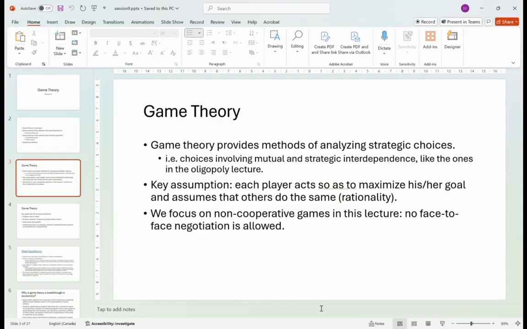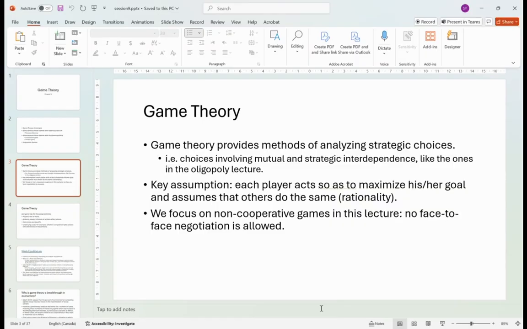So the point is that it's true that in game theory every player's decision depends on the other player's decision, but we still assume that each player is deciding to maximize their goal, right? And this goal, in the context of firms and markets, is actually profit, right? But this maximization depends on the other players' actions being given, right?